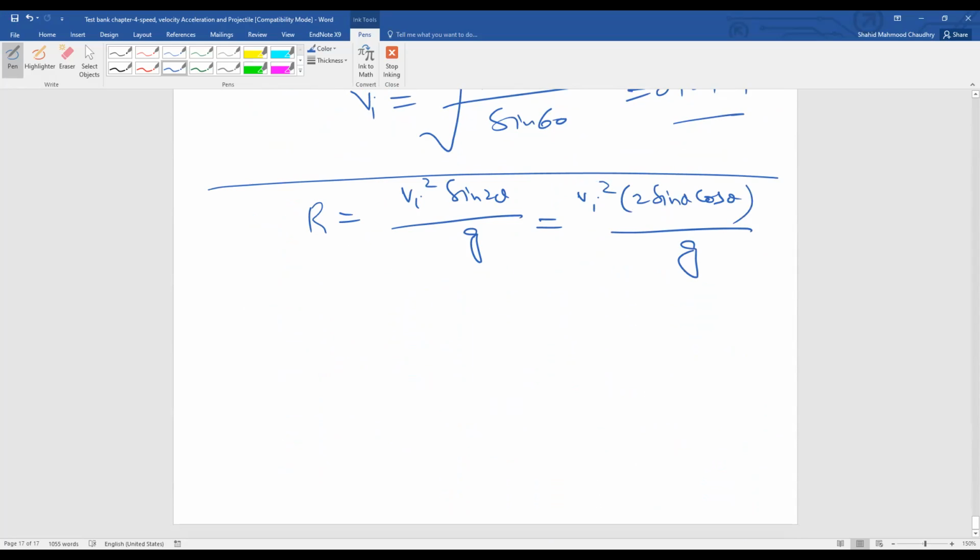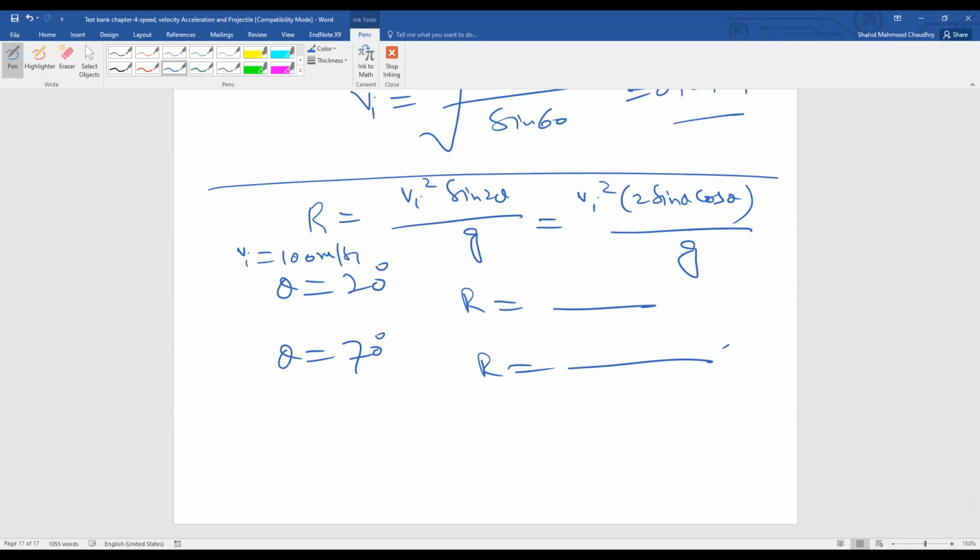So if the theta value is 20 degrees and you want to find the R value, and the Vi value is given, suppose 100 meters per second, you can find the range by applying this formula or this formula. And if you have 70 degrees, you can find the range, and you will see that both ranges will be the same.